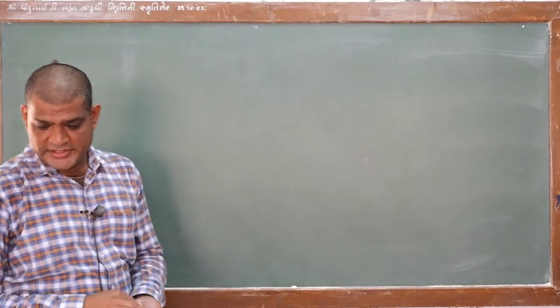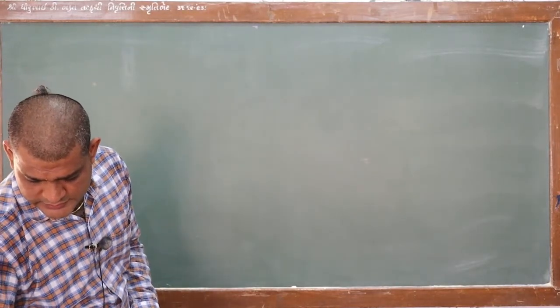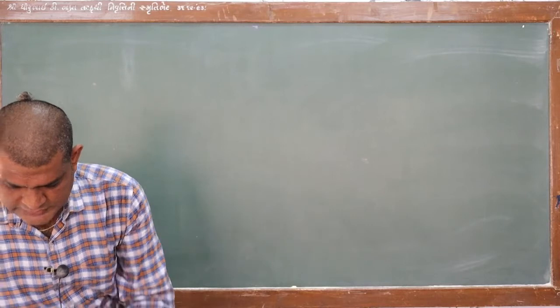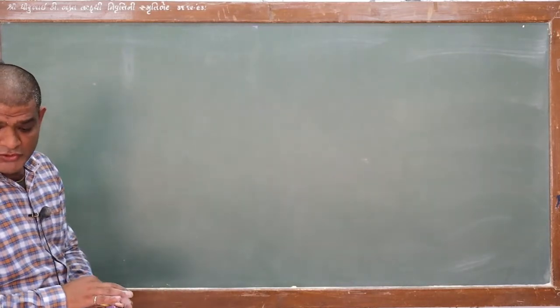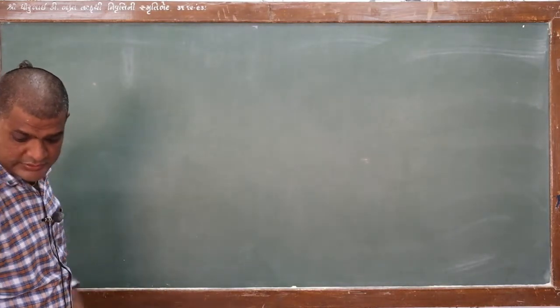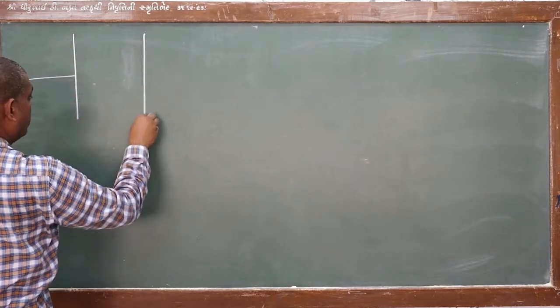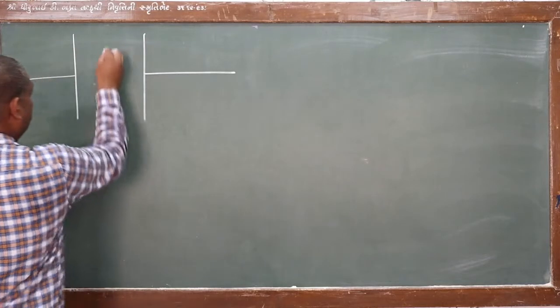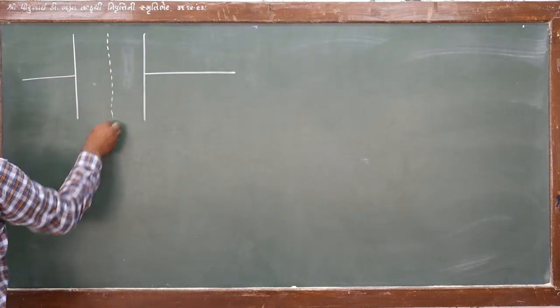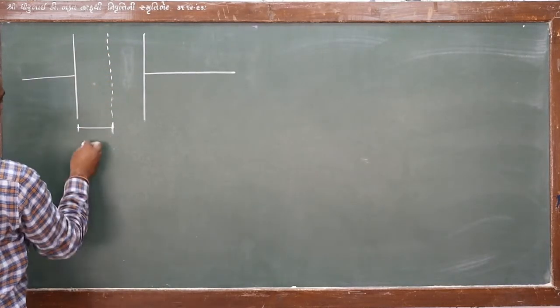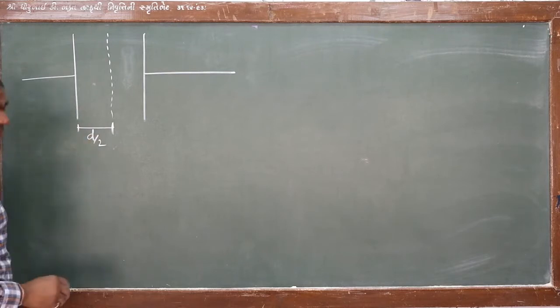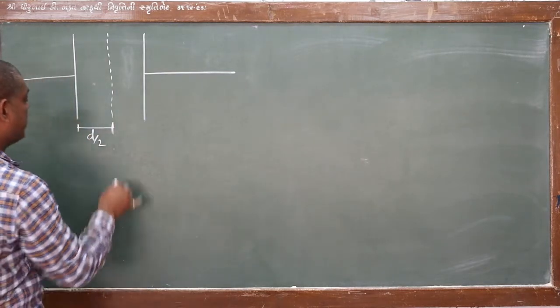See the next question. This is the homework for you. You just note it down in your notebook and try to solve. If any difficulty arises, then you can comment to me. D by 2 is the separation.